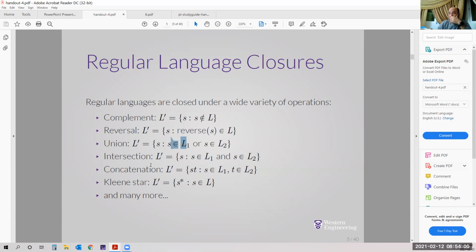Intersection: L prime, where S belongs to L1 and S also belongs to L2, if we fulfill these constraints. It's also closed under concatenation, where the first string is from L1 and T belongs to L2. And the Kleene star, S star, where S belongs to L, and many more. There are many closure properties of the languages.